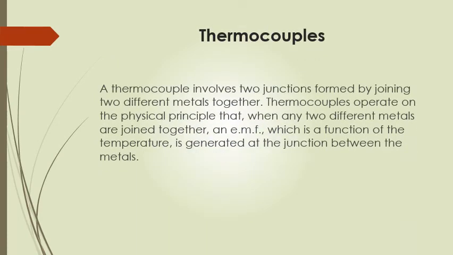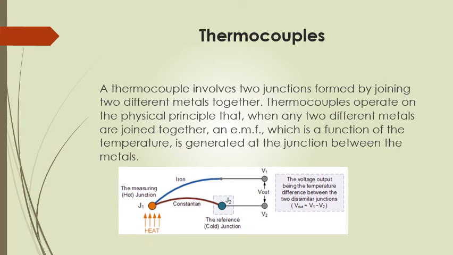Thermocouples. A thermocouple involves two junctions formed by joining two different metals together. Thermocouples operate on the physical principle that when any two different metals are joined together, an EMF, which is a function of the temperature, is generated at the junction between the metals. So we have the hot junction here.